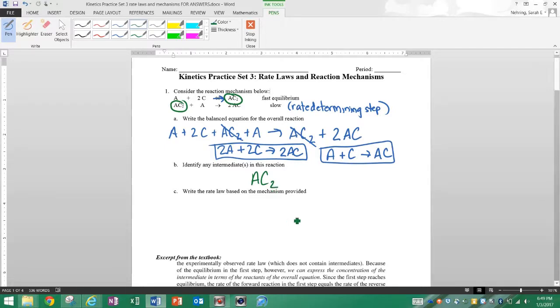For the rate law based on the mechanism, the rule to keep in mind here is that the exponent in the rate law is going to match the coefficient in the slow step, which is our rate determining step.